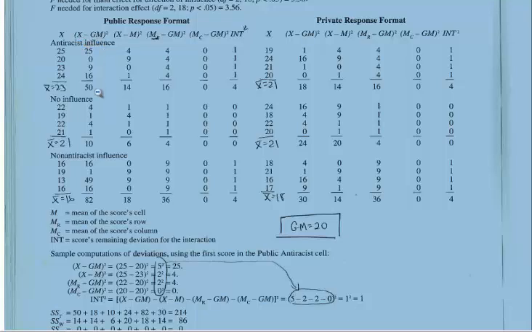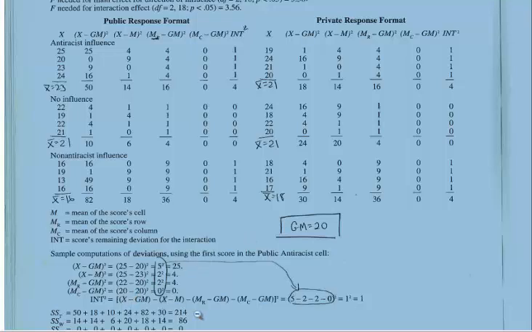Okay, so in this case, we are going to take 50, which is this sums of squares, plus 18, plus 10, plus 24, plus 82, plus this 30.